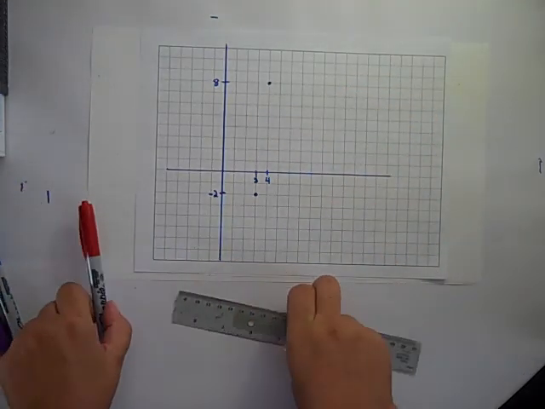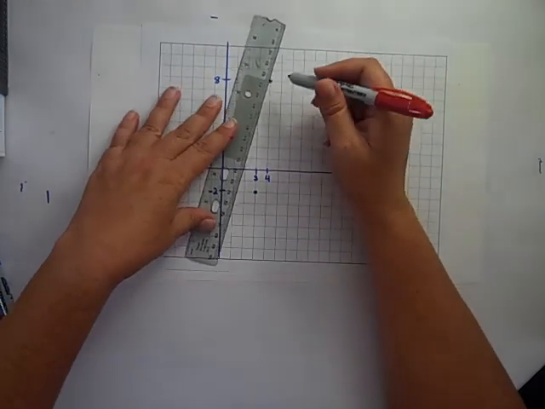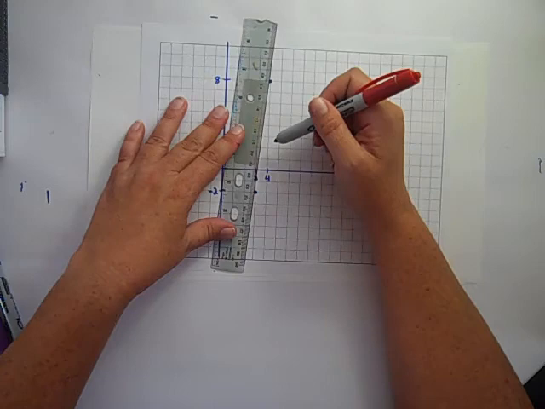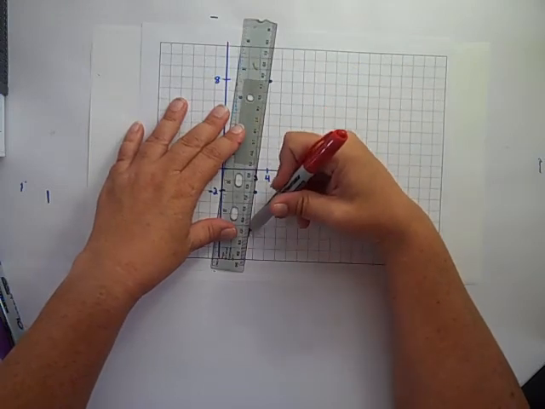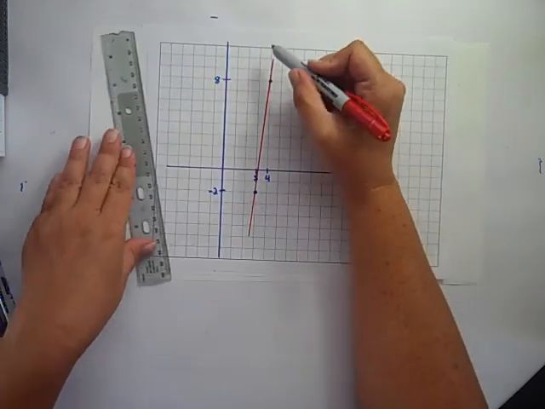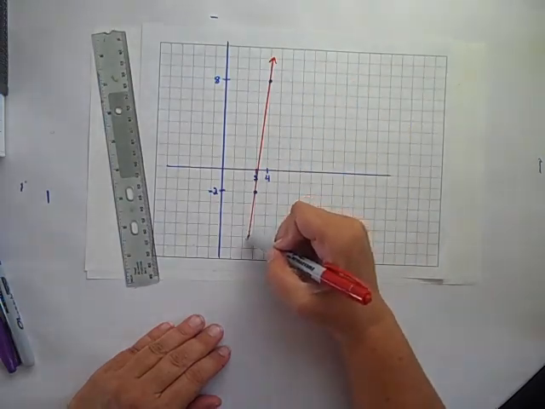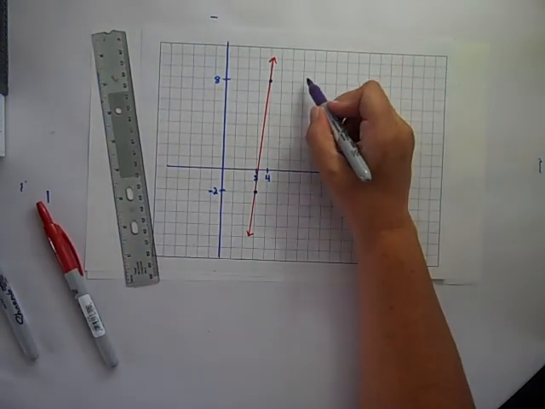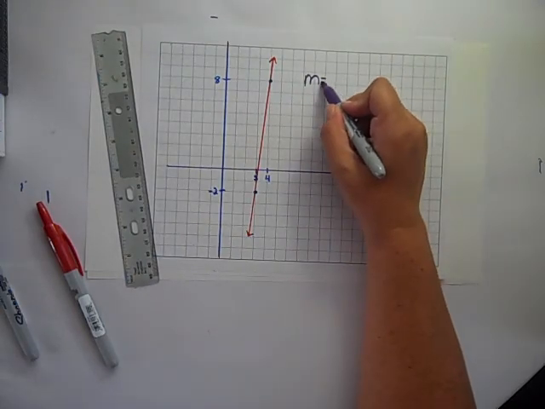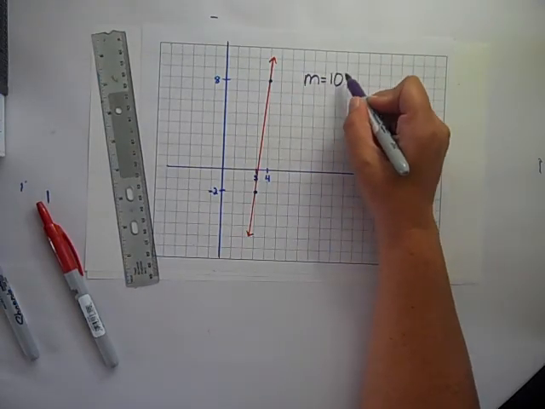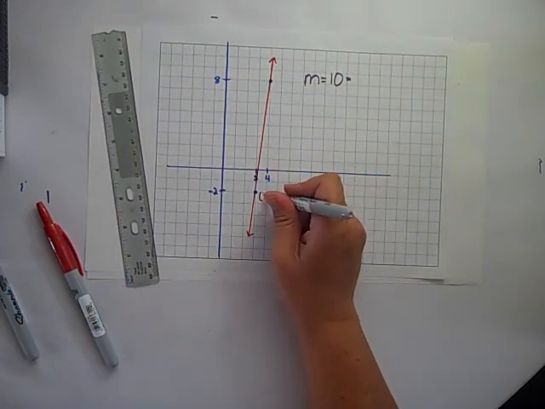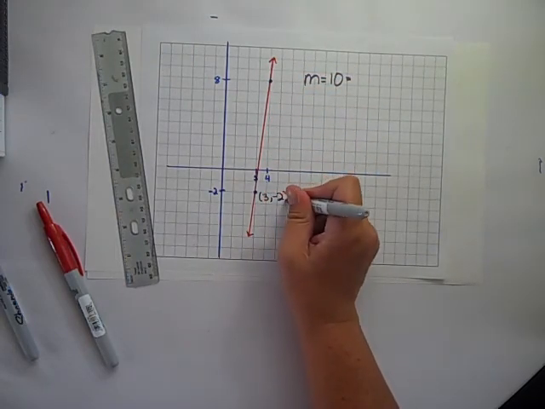And of course the next step is to connect your dots. And let's write all those things in that we were supposed to write. M equals 10. Oh, we forgot to write our coordinates. So this is 3, -2.